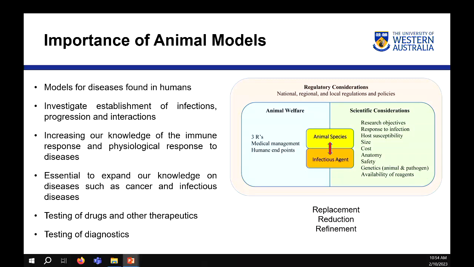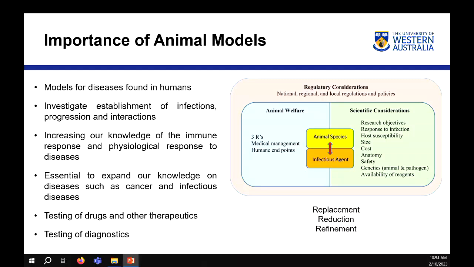So wherever you can, you need to replace the use of animals, so hence why this big drive of these other alternate models, hence why cell models are used quite a lot as well. Reduction, so using the minimum amount of animals for your study.